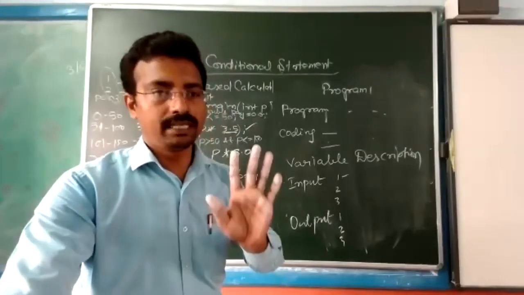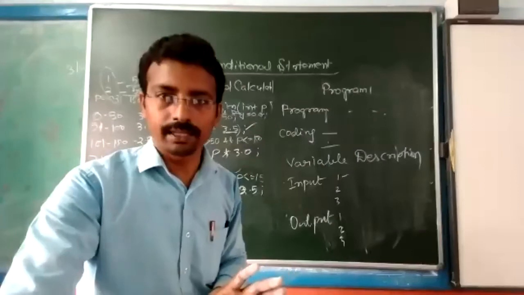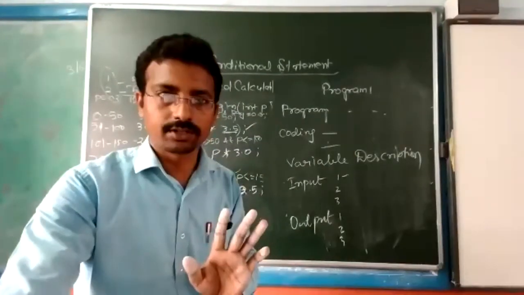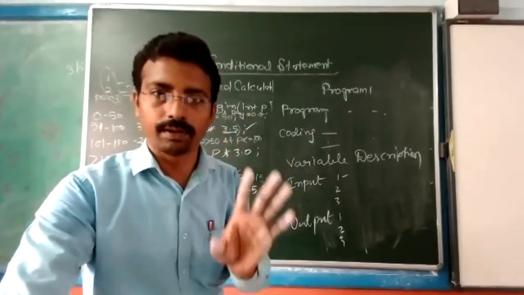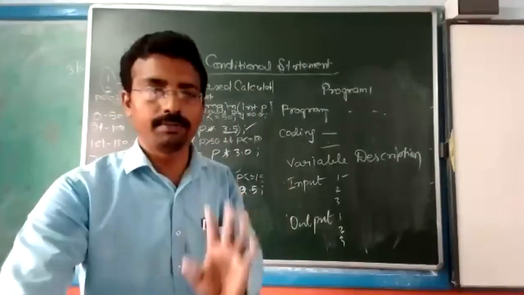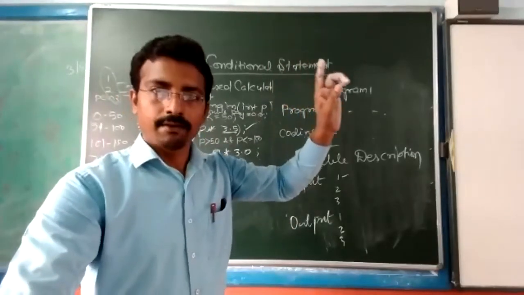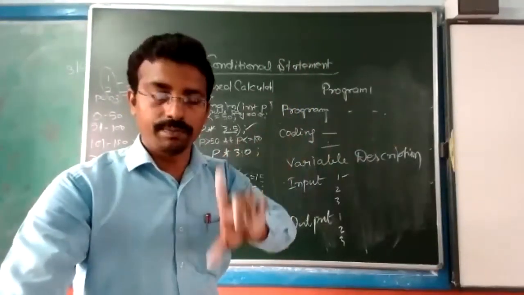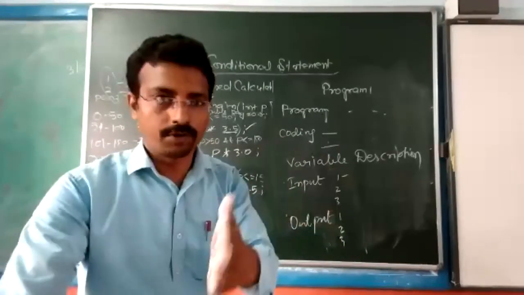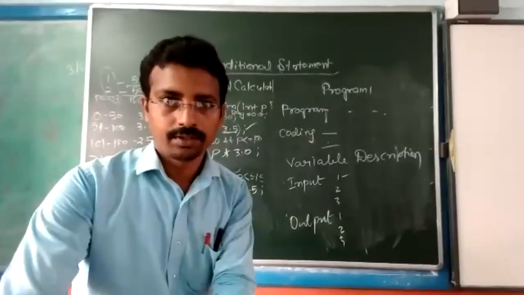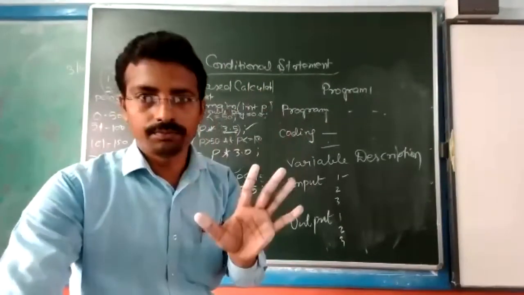I will give you a list of more than 30 programs. In the list, you have to select 20 programs. Any 20 programs, that will be your choice. I will publish the list on the website. Whatever portion I am covering, suppose I have covered slab-based today, till slab-based I will give you 5 questions.